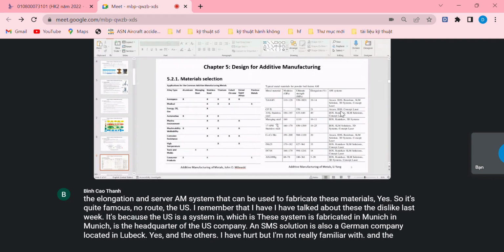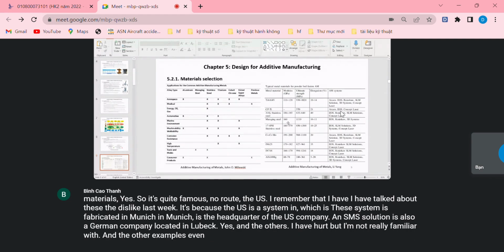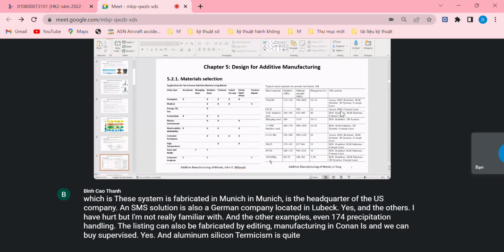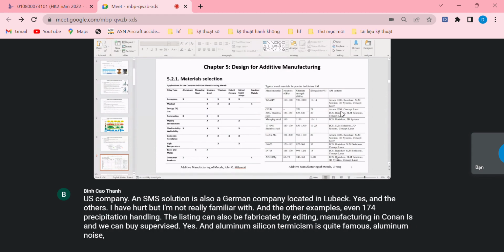Other materials, for example 17-4 precipitation hardening stainless steel, can also be fabricated by additive manufacturing. Inconel is a nickel-based superalloy. And aluminum silicon magnesium is a quite famous aluminum alloy that can be fabricated by EOS to obtain, let's say, 100 percent relative density.